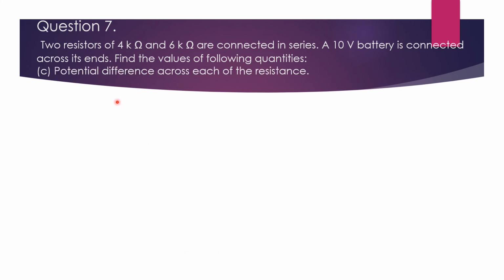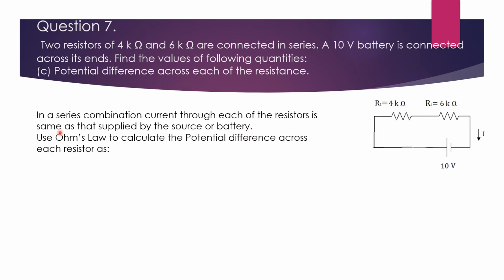Now the next part is the potential difference across each of the resistors. In order to calculate the potential difference across R1 and R2 in a series combination, the current through each of the resistors is the same, since there is only the same current I, that is 1 milliampere we calculated in the previous step. So use Ohm's law to calculate the potential difference across each resistor.